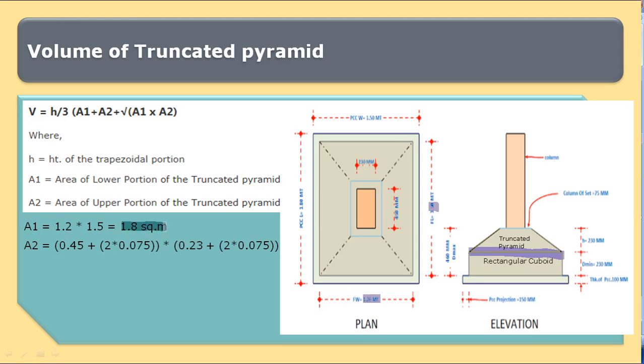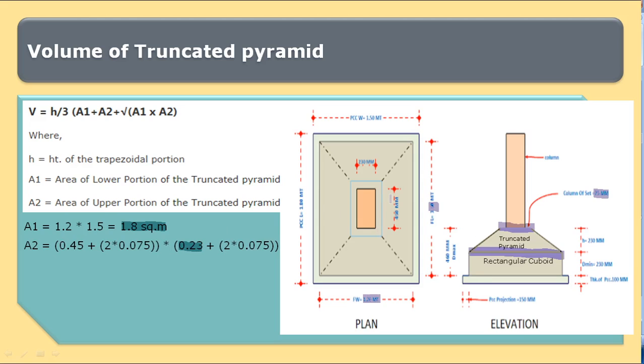1.8 square meter. Similarly, a2 is equal to the area at the top face, which is equal to the width of the column plus the offset. Offsets are 75 mm on each side. So the width of the column is 230 mm, which is 0.23, plus 2 into 0.075, which is the offset, into 0.45.